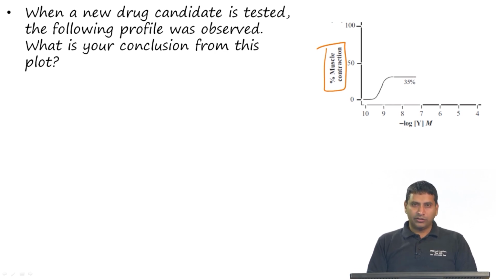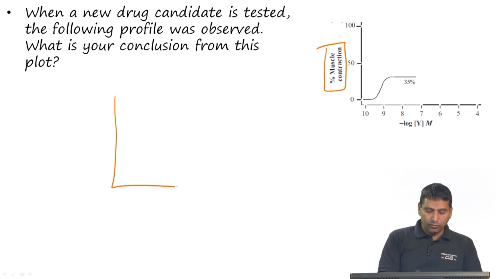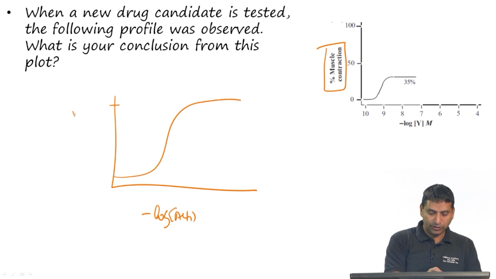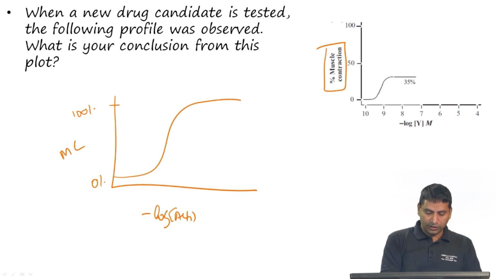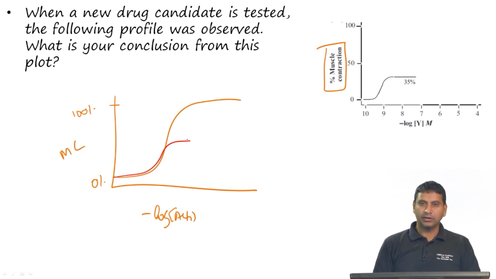So, in order to address this question, we would assume that the natural ligand here, which is acetylcholine, has 100% muscle contraction versus concentration. And so, if this is the profile of the natural substrate, the profile of the unnatural substrate looks something like this, right.